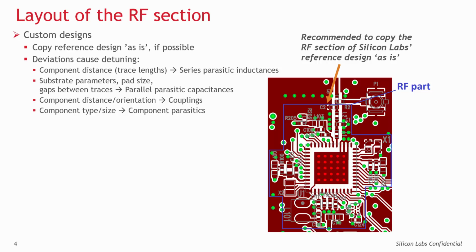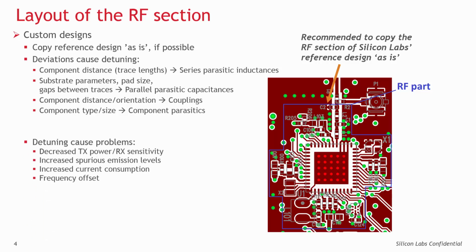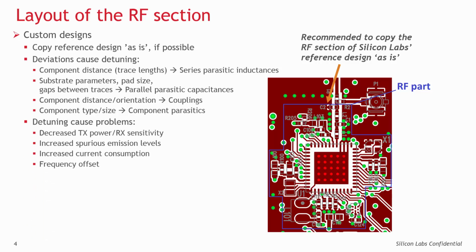Different component types and sizes introduce different component parasitics. This can cause detuning of the reference matching or filtering and/or detuning of the load of the RF crystal. The possible effects can be decreased TX output power of the fundamental, decreased RX sensitivity, increased spurious emission levels, increased current consumption, and frequency offset between different boards.